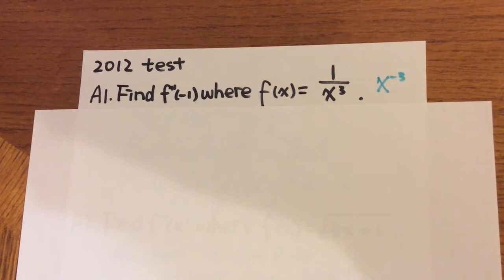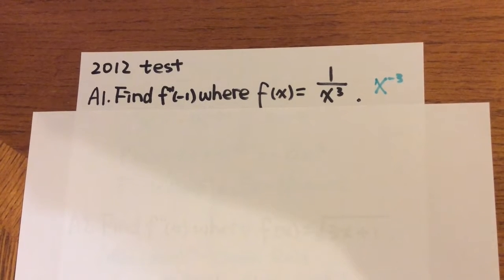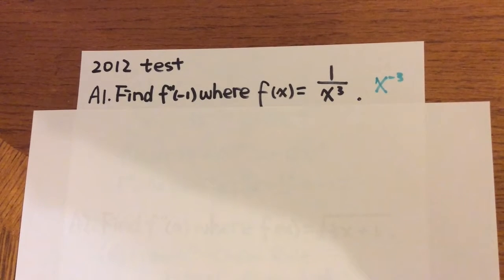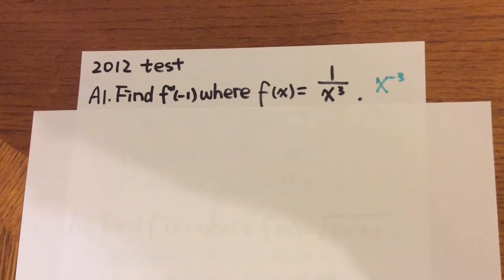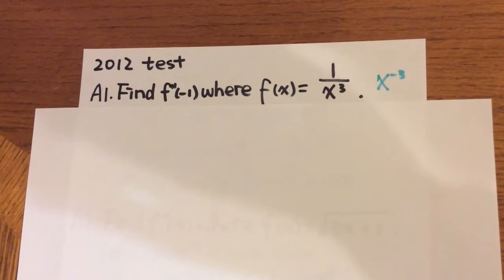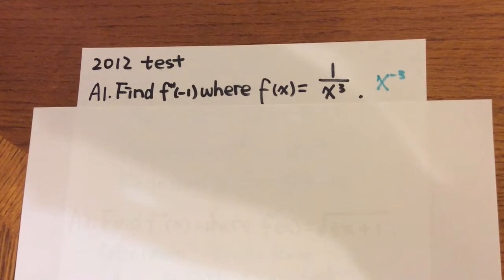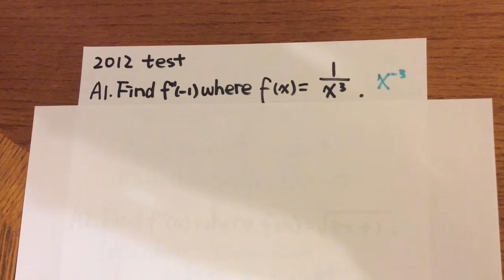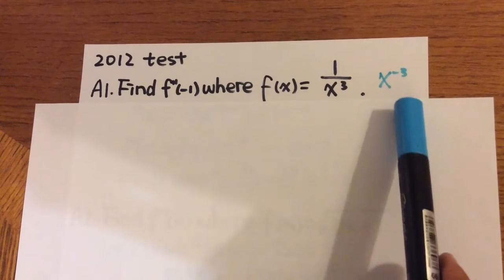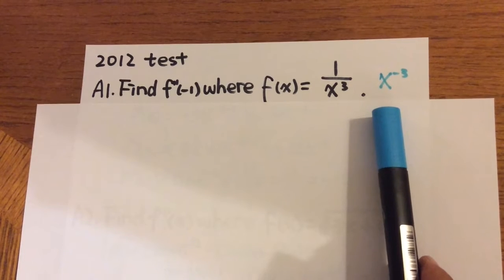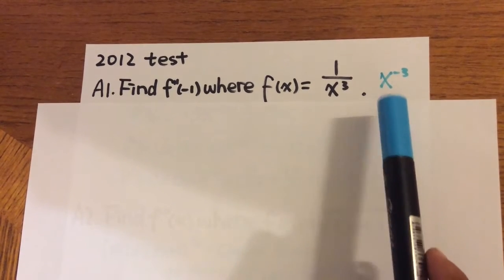The question is: find f double prime of minus 1, where f(x) equals 1 over x cubed. First, we use the laws of exponents to write 1 over x to the power of 3 in a simpler form, which is x to the power of negative 3.